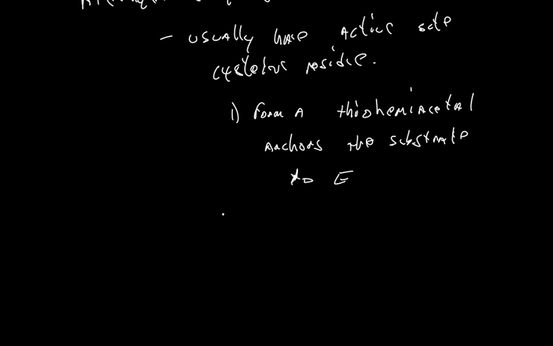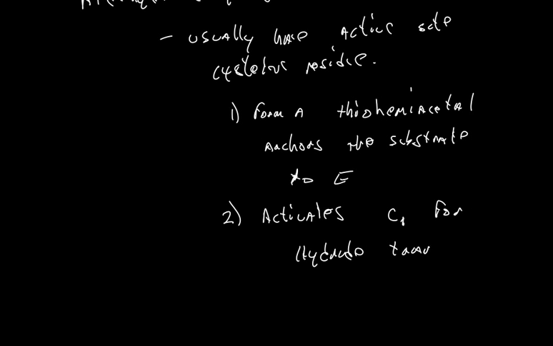It's essentially covalent catalysis. And it also activates carbon 1 of the aldehyde for hydride transfer, at least in one of two possible mechanisms that have been proposed for this.